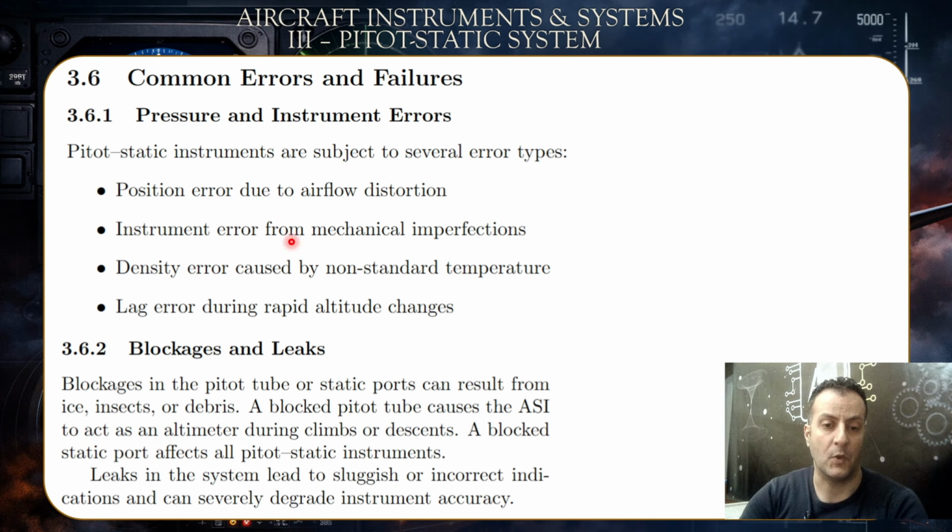Nobody knows. Okay, so density error caused by non-standard temperature is also another factor. So a difference of density, or density error, due to a temperature that's not common. For instance, you have a phenomenon above the desert.